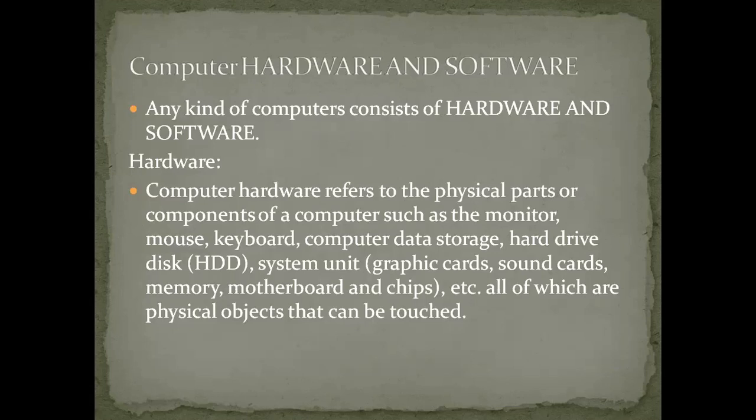The components of the computer are monitors, keyboard, mouse, computer data storage, hard drive, system unit, that is graphics card, sound card, motherboard, and chip. These are the major hardware components in computers.